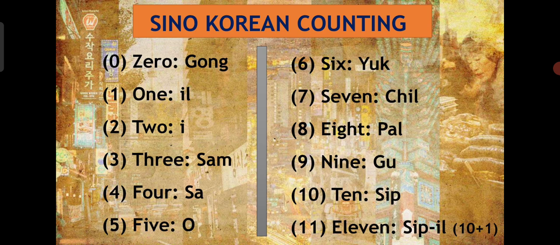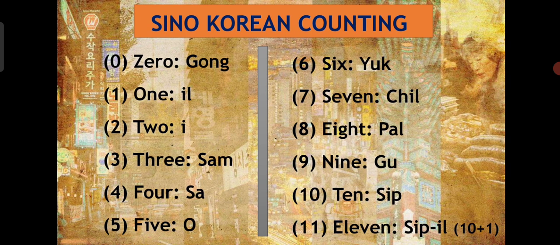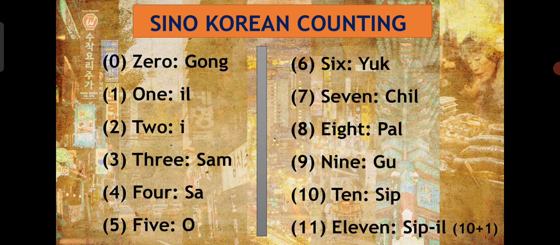So 0 is gong. 1 il, 2 e, 3 sam, 4 sa, 5 o, 6 yuk, 7 chil, 8 pal, 9 gu, 10 ship, 11 shipil, which comes from 10 ship plus 1 il.